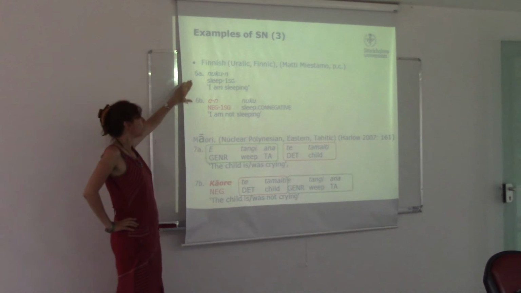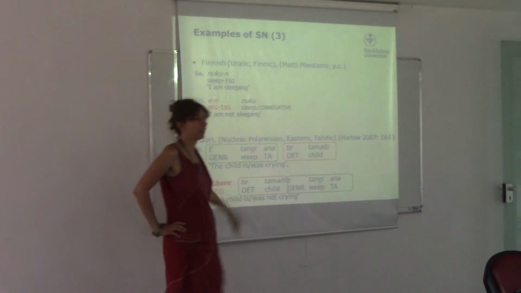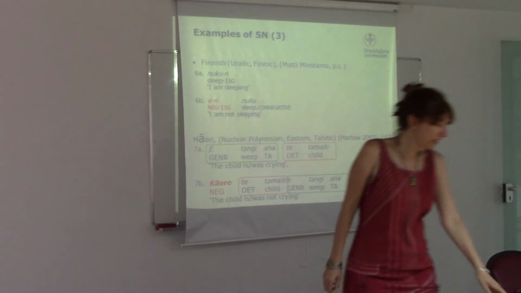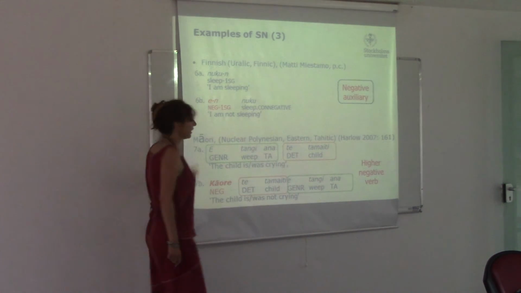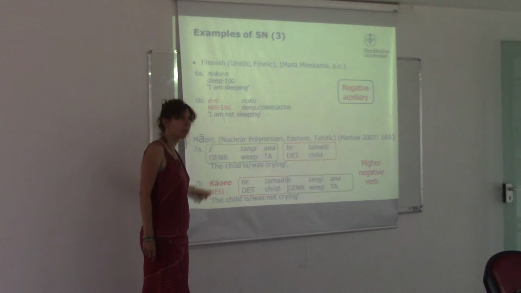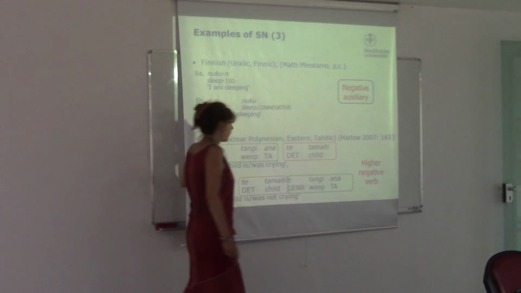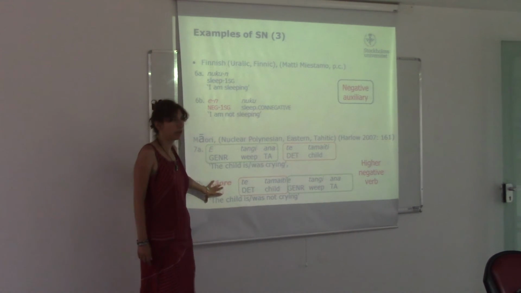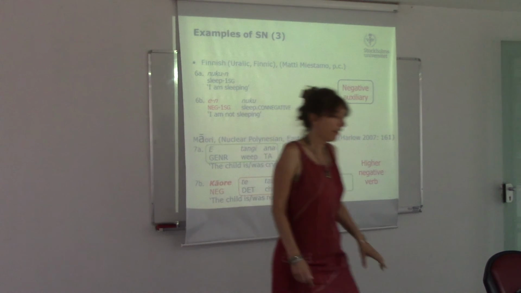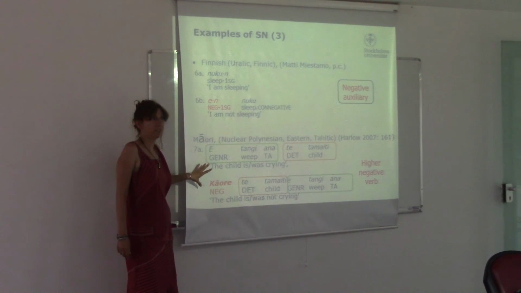Okay, so when you keep it here, you keep the sentence structure intact. Still a simple clause. Conventionally, this is referred to as a negative auxiliary. Here, the sentence structure changes from simple to complex. The kaore is referred to as a higher negative verb. They do the same job, they are both verbs.